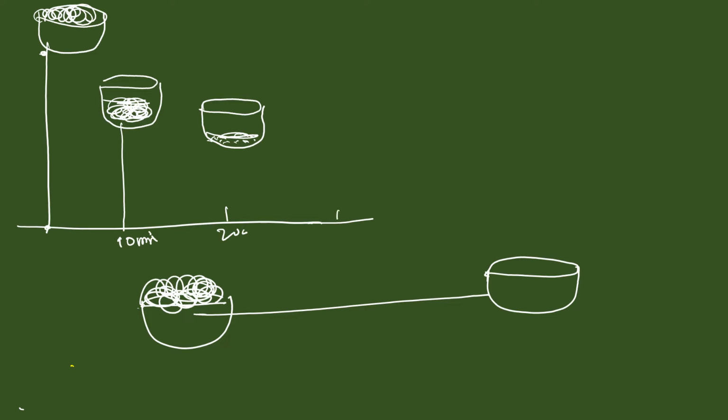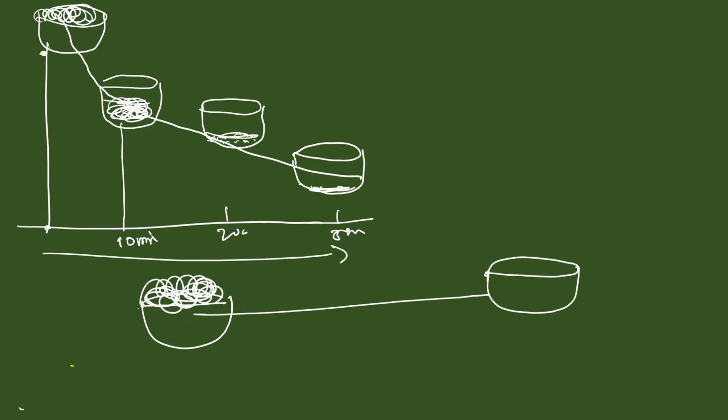Then let's say after 30 minutes, we come back and check on you and the bowl is empty. So if we look at this graph, we are measuring how fast you are consuming this rice over how many minutes? 30 minutes. So that is basically rate.